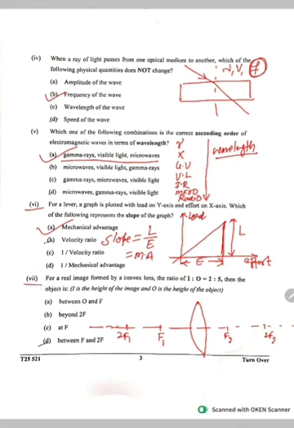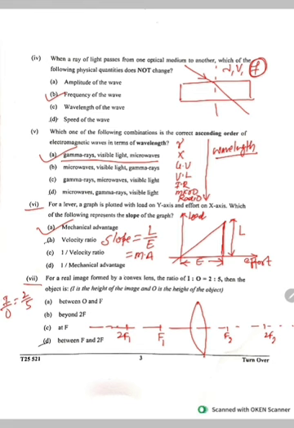In question number 7 it is saying that for a real image found by convex lens, the ratio of I by O is 2 by 5, where I is the height of image and O is the height of object.